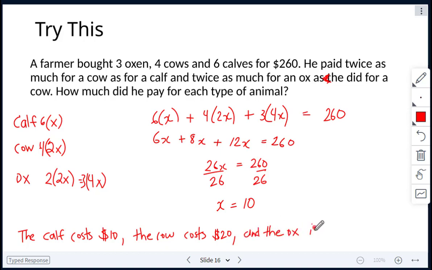The ox is $40. And it was because we were looking for each type of animal.